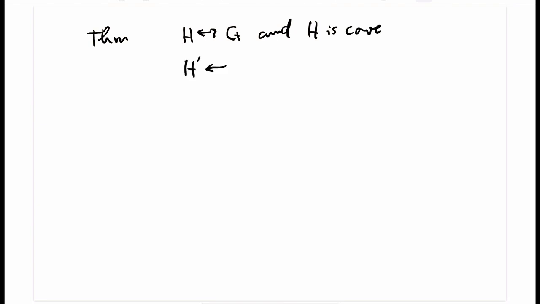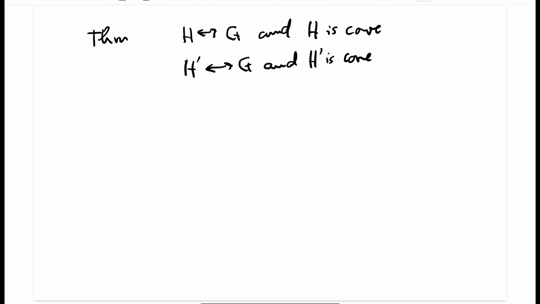The second fact that we prove about cores is that they are unique in the following sense. Suppose H is homomorphically equivalent to G and a core, and H prime as well is homomorphically equivalent to G and H prime is a core.